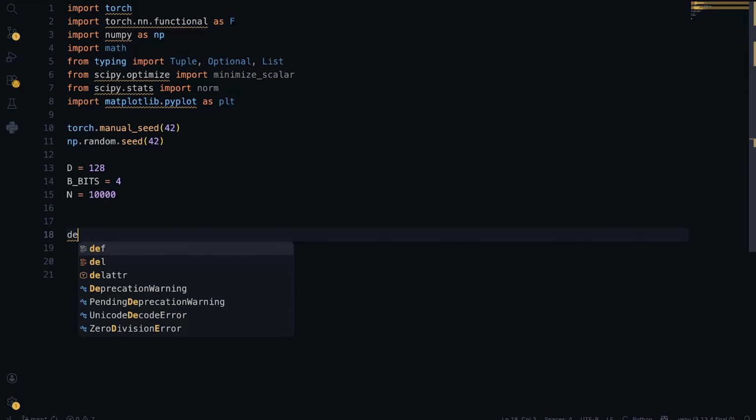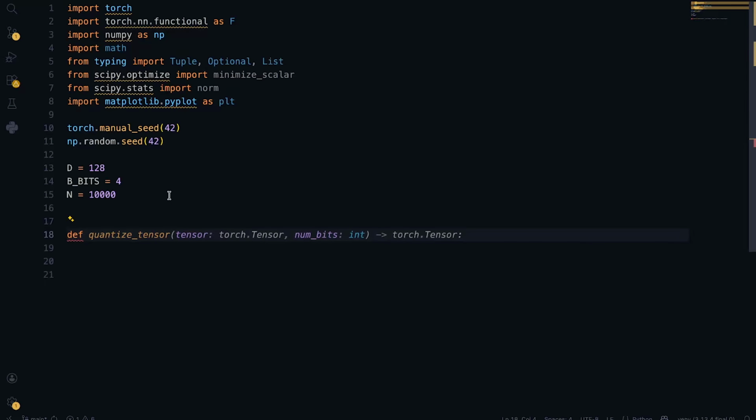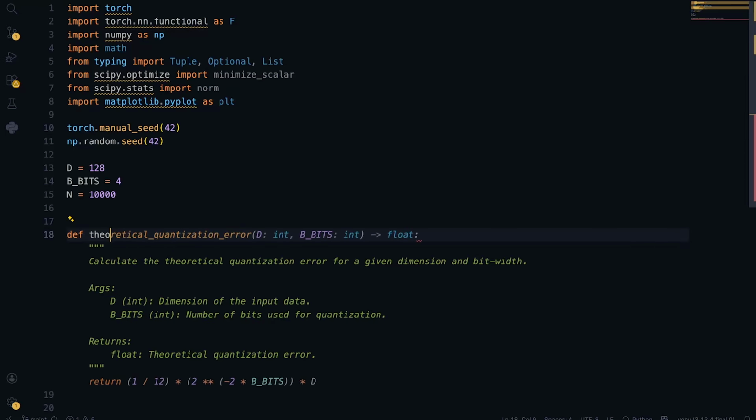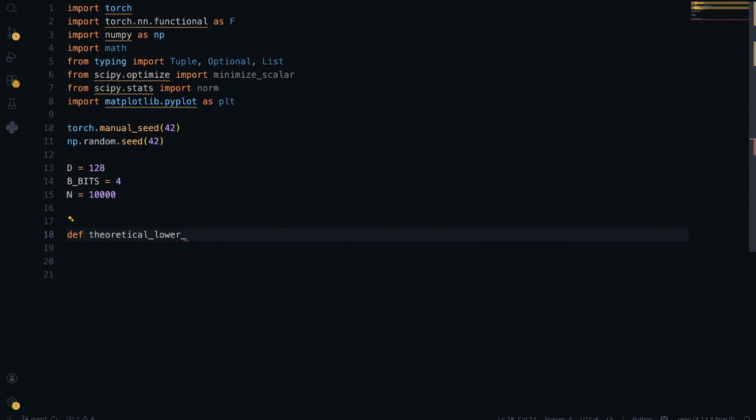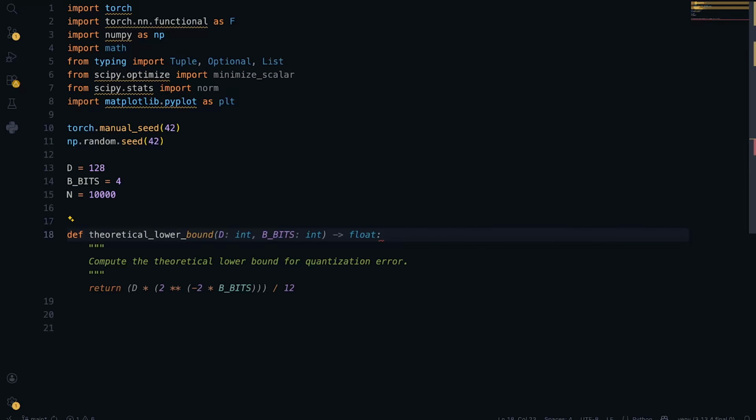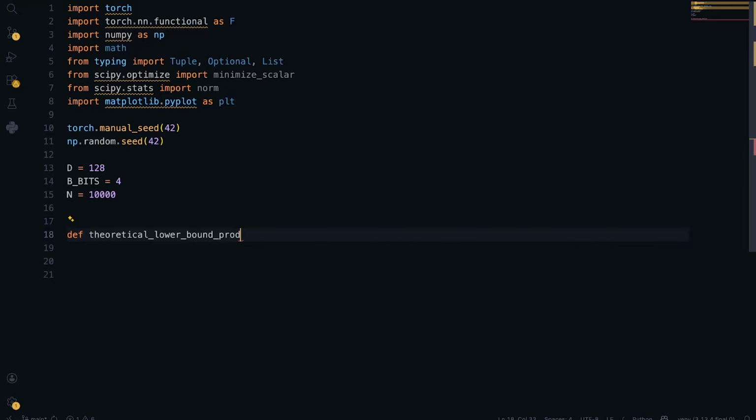So initially we define def theoretical lower bound prod.